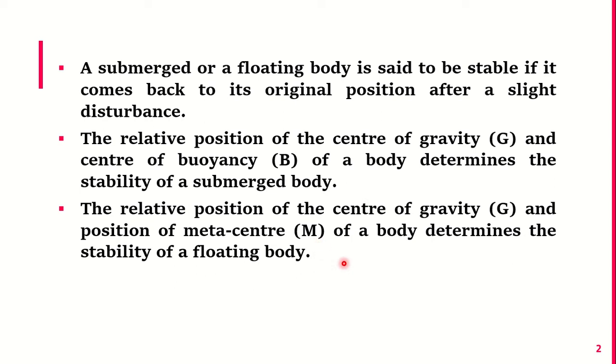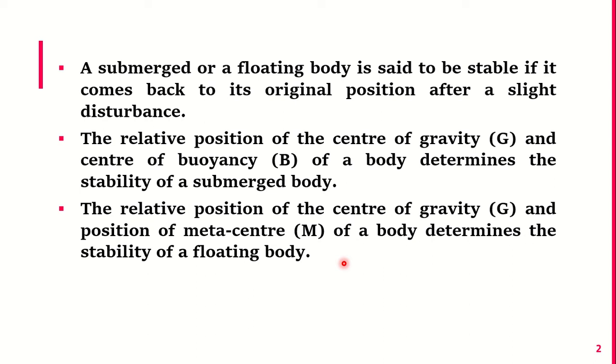Meta center is nothing but the point where the line of action of center of buoyancy or force of buoyancy and the normal axis of the body meet together, or it's the point about which the floating body starts oscillating after giving a small displacement. I already told you meta center is very important in floating bodies. So to determine the stability of a floating body, you have to keep in mind the position of meta center and obviously by default center of gravity.